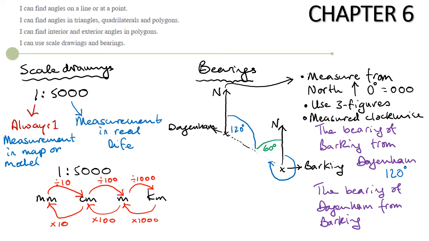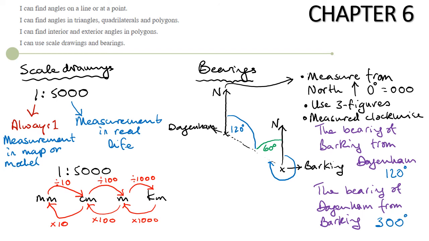Now down the bottom here we've got angles around a point. So if that's 60, I can take 60 away from 360, and that will give me a bearing of 300. So to finish this off, the bearing of Dagenham from Barking would be 300 degrees.